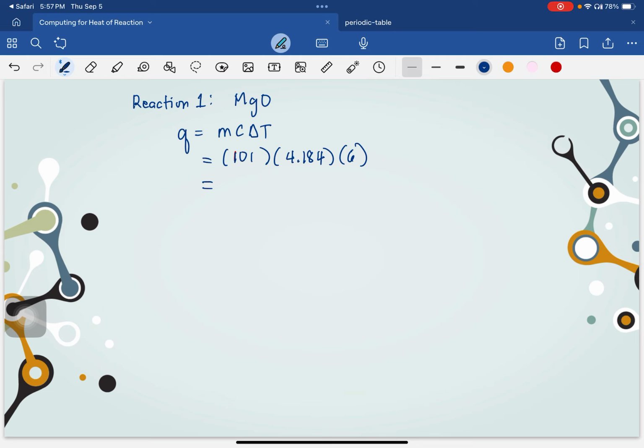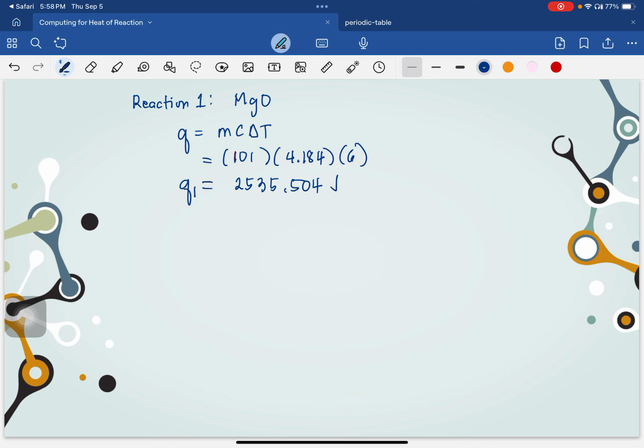So let's just get my calculator here. It's 101 times 4.184 times 6. That will be 2535.504, and that will be in joules. So that is our Q for the first reaction. Let's just assign that as Q1.